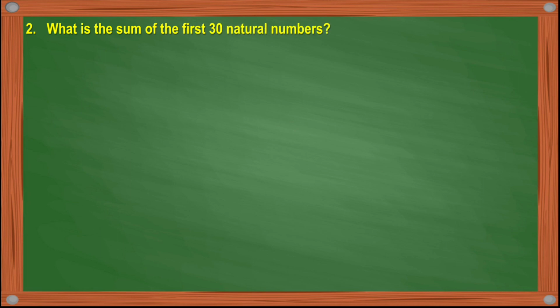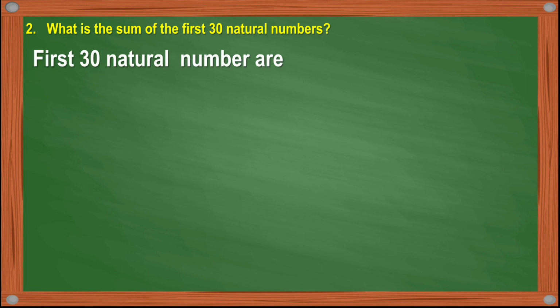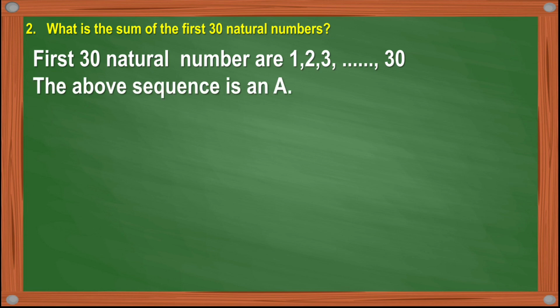Question number 2. What is the sum of the first 30 natural numbers? The first 30 natural numbers are 1, 2, 3 and the last number will be 30. The above sequence is an AP where T1 is 1 and Tn is 30. So we have to find the sum. I have told you in the introduction there are two formulas to calculate the sum.